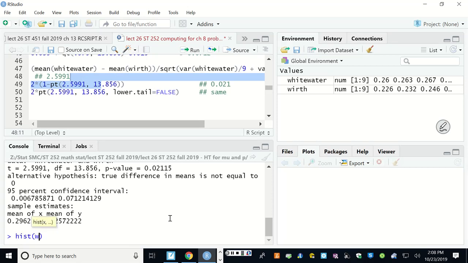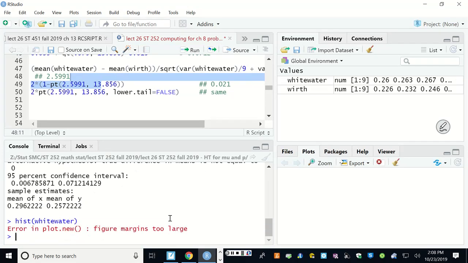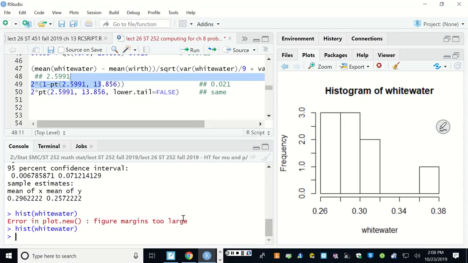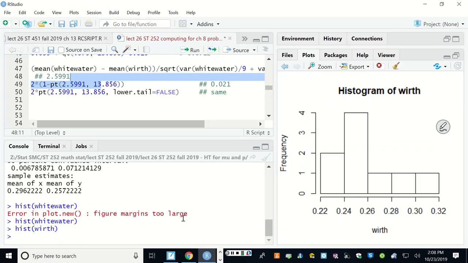Now let's look at the data a little bit. What does the Whitewater look like? Not really too normal looking, and Worth a little more symmetric. This is 9 observations, not too many.